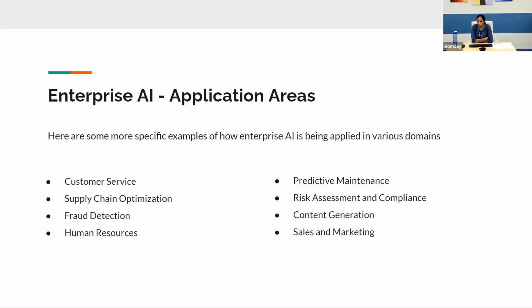AI algorithms help in assessing risks and also maintaining compliance. Content generation, so all the reports, summaries, all that can be done using AI models. Then sales and marketing. The recommendation systems play an important role in sales and marketing.